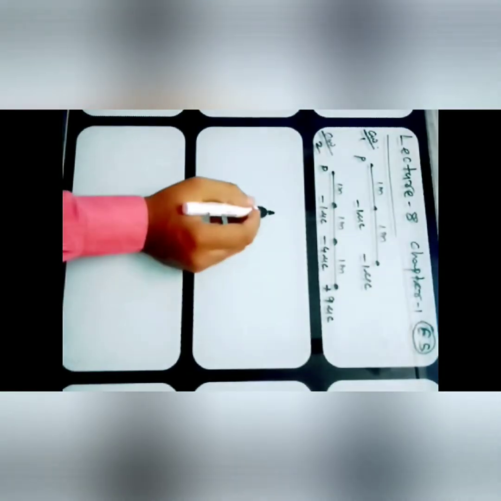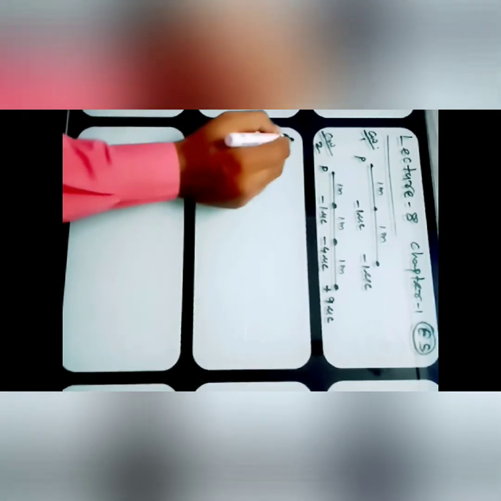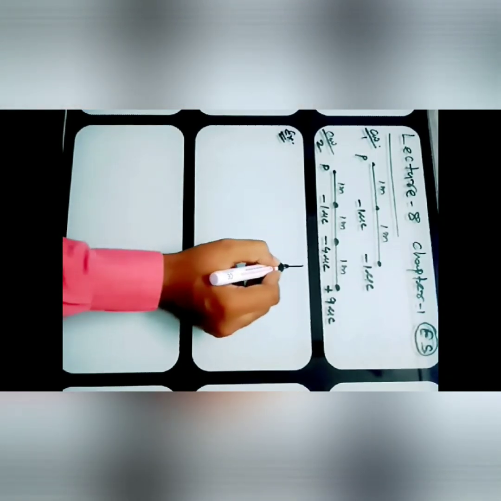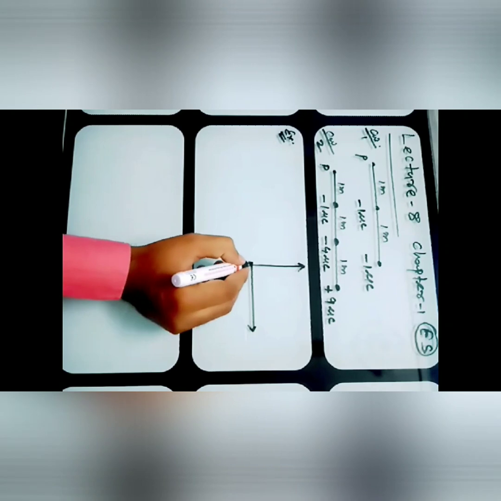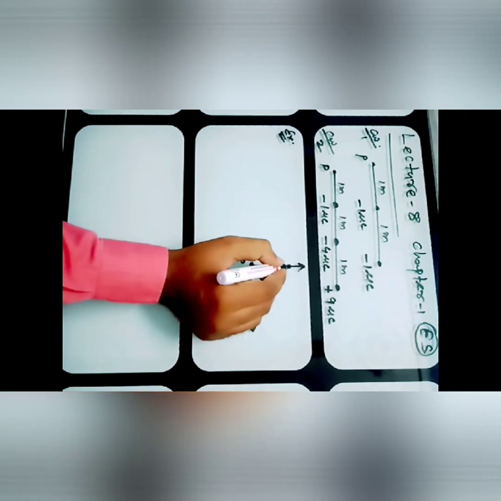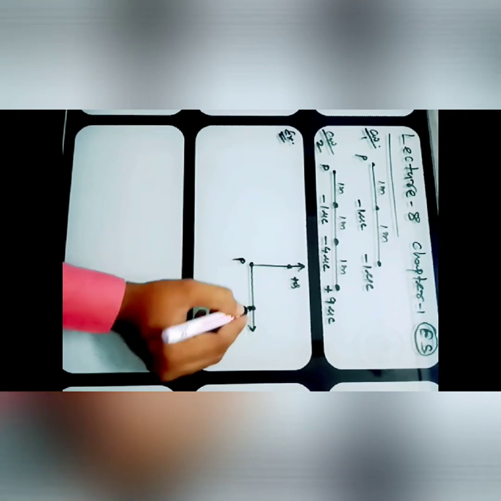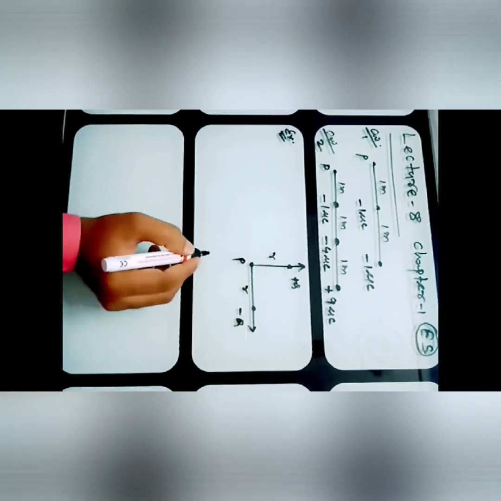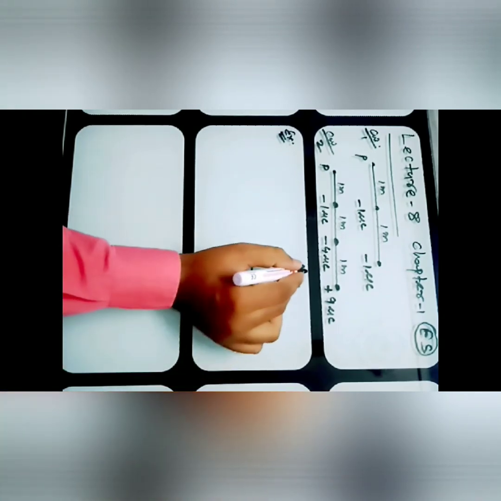Okay students, another question of a different type. As an example, this is the observation point. You have to find the net field at point P. This is the positive Q and this is the negative Q. Both are situated at a distance r from point P, and this is the x-axis and y-axis.